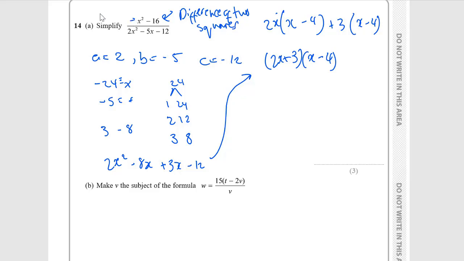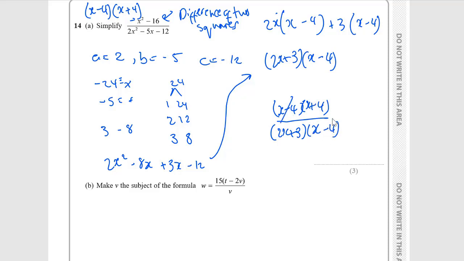So this can be rewritten as x minus 4 multiplied by x plus 4. So we can write all of this out more neatly. So x minus 4 in the brackets, x plus 4 in the brackets, 2x plus 3 as the denominator, x minus 4. So this cancels with that. So we get x plus 4 as a numerator over 2x plus 3 as our denominator.